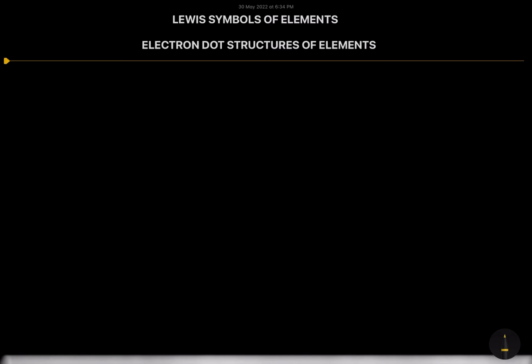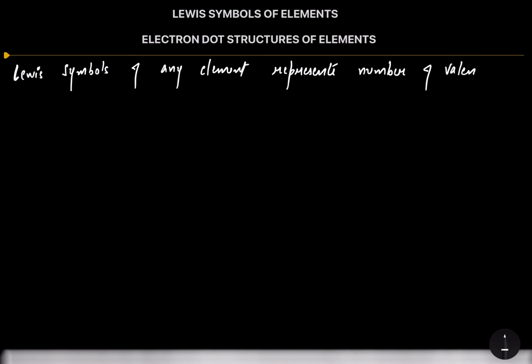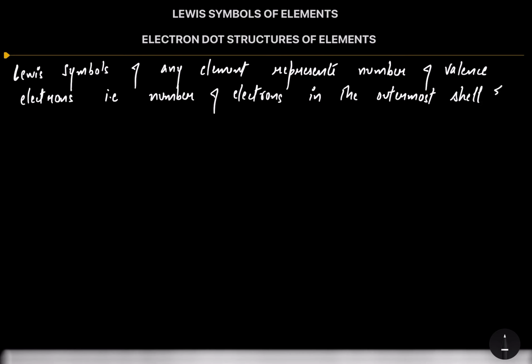What does the Lewis symbol represent? The Lewis symbol of any element represents the number of valence electrons, that is, the number of electrons in the outermost shell of any element.